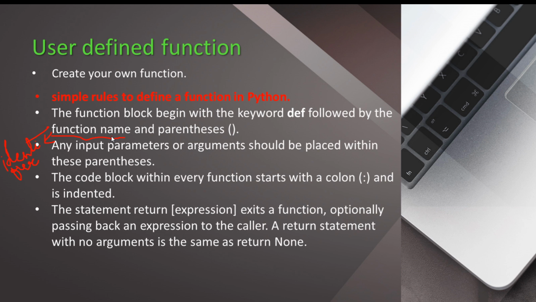A return statement with no argument is the same as returning None, like we saw in the print statement, where print is returning None. You can also skip the return statement, and then also it is going to give us the value None.